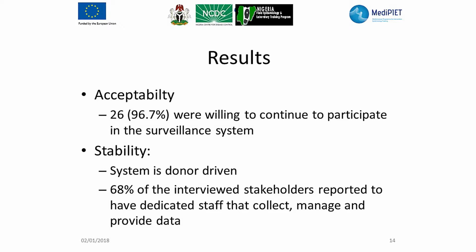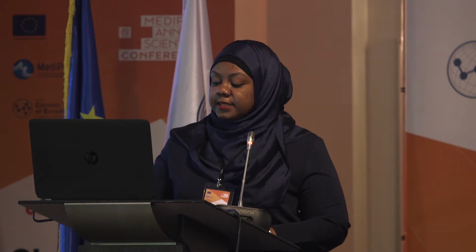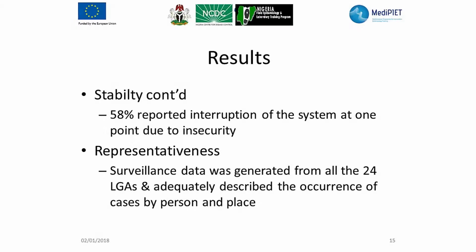For stability, we found that the system is donor-driven. 68% of the interviewed stakeholders reported to have dedicated staff that collect, manage, and provide data. And 58% of the interviewed stakeholders reported that the system was interrupted at one point or the other due to insecurity.